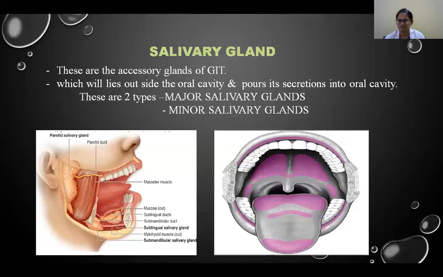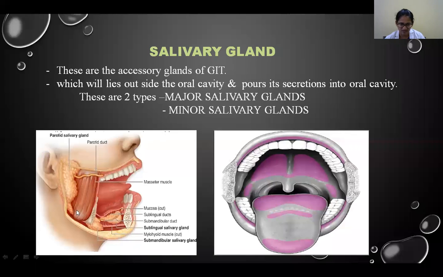Already we have discussed that salivary glands are of two types: major salivary glands and minor salivary glands. Major salivary glands are three in number. These are larger and lie outside the oral cavity. The parotid gland lies in front of and just below the auricle.